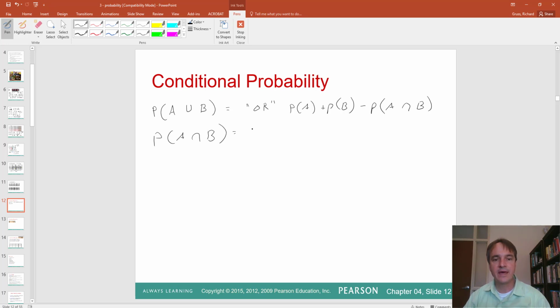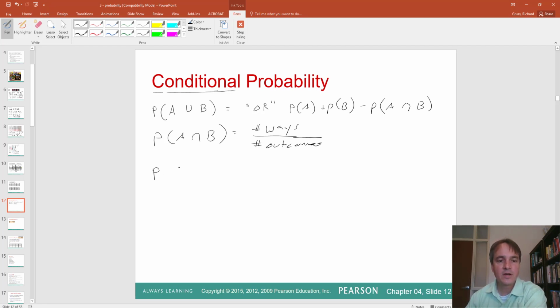And we just did that with our usual rule of the number of ways that these two can happen divided by the total number of outcomes in the sample space. Okay. So there's one more operator for relating these two events, and that is the conditional probability.